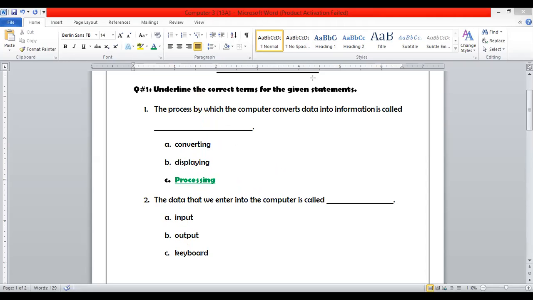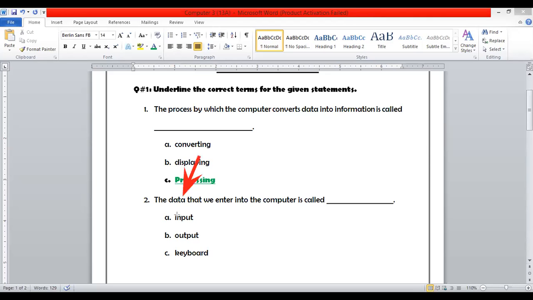Ahmad Mohammed, what is the answer? Output. Okay. Anas Al Sayed? Keyboard.